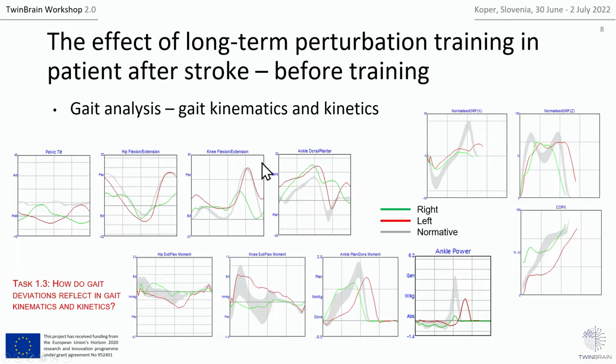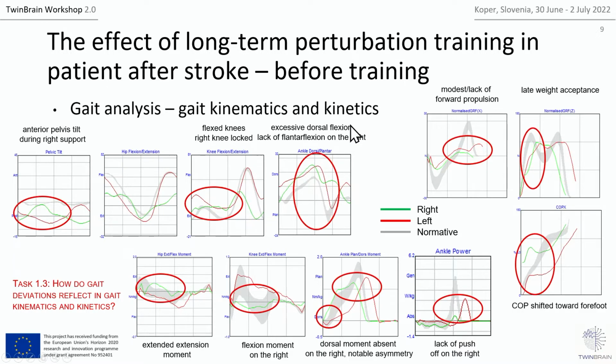If we try to mark this data, we notice that there is a considerable shift of the pelvis in the anterior direction. On both sides there is increased flexion during the stance phase, and on the right side we see almost no range of movement during the stance phase in the knee joint.